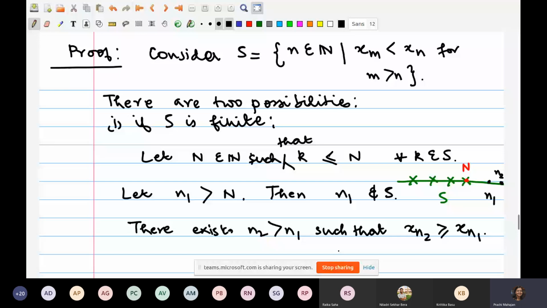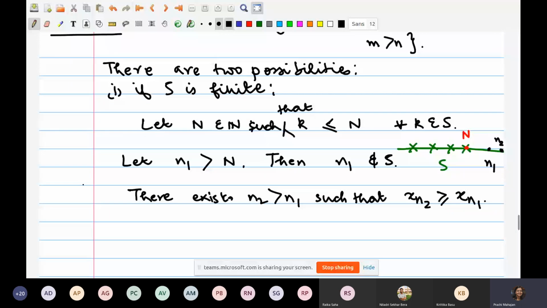Let me do that one more time. Note what we have done above: we have found N2 which is bigger than N1, but N1 is bigger than capital N, right? It follows that since N2 is bigger than capital N, the index N2 cannot belong to the set S. Correct?